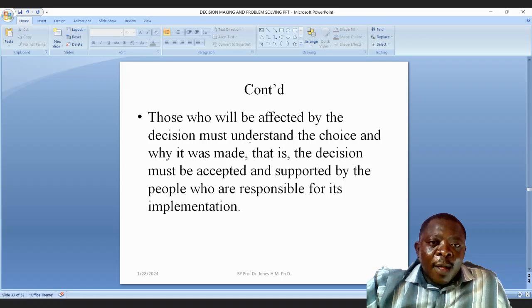So you have people within the organization, especially at operational level, who should be involved in implementing these decisions. So they should understand why you are implementing such actions. Okay, so this will promote cooperation, promote collaboration.